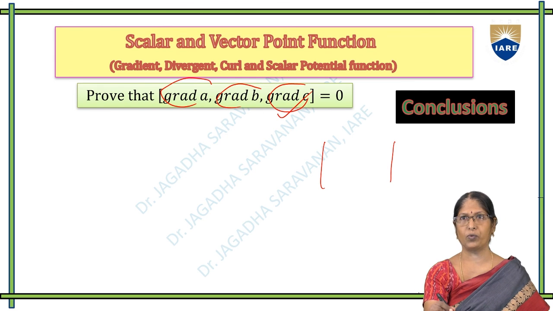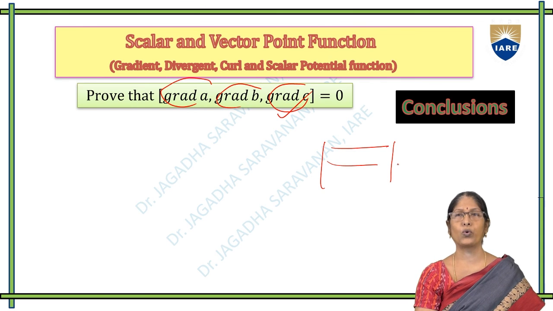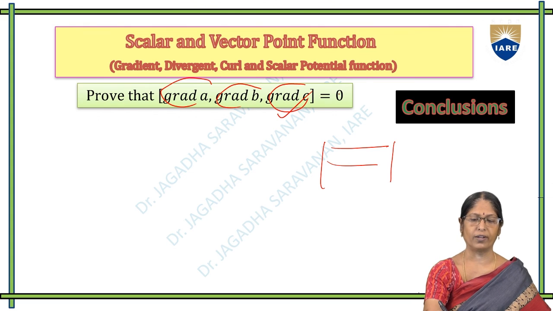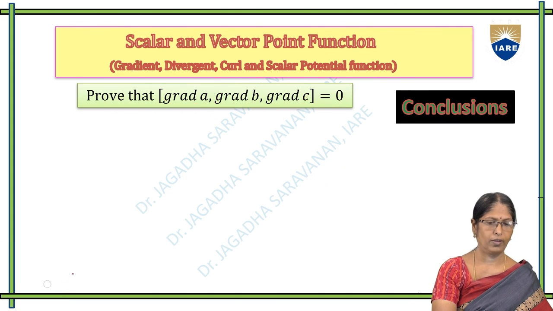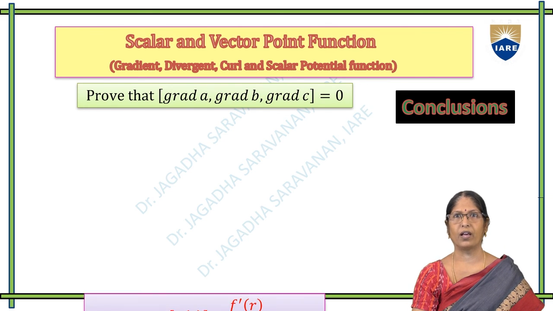Initially that was not told. When we are finding the determinant, two rows are equal. Then we know, according to determinants, if any two rows are equal, the result is 0. That is not kept in the slide, that's what I am discussing now.